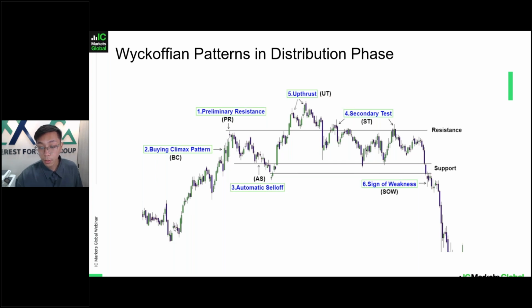If you see right here, your buying climax, you see these very strong bullish candles turning into bearish candles or very tiny bodies, right? Long wicks, tiny bodies. So this shows that buyers are actually exiting their positions.